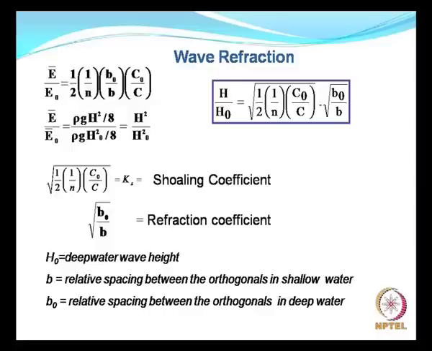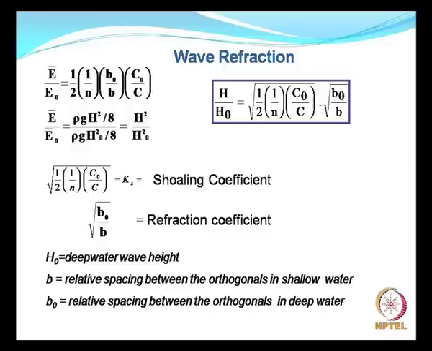We can get a relationship between wave height in transitional water, as you can see here, wave height in a given water depth to wave height in deep water as a function of C naught and C. What is this? This is nothing but the Shoaling coefficient.